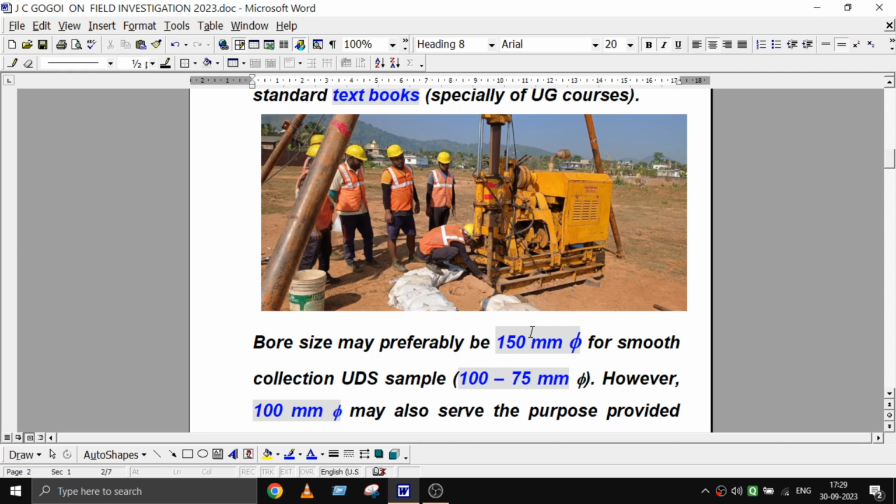The bore size is normally 150 mm for smooth collection of 100 to 75 mm dia sampler.